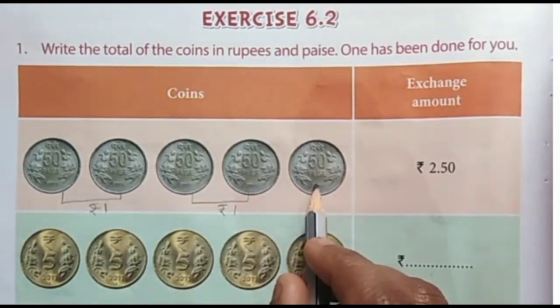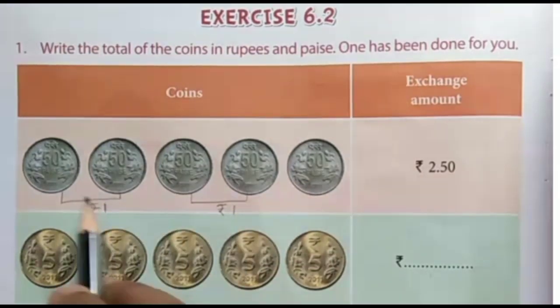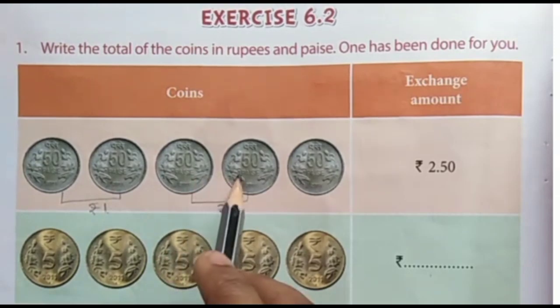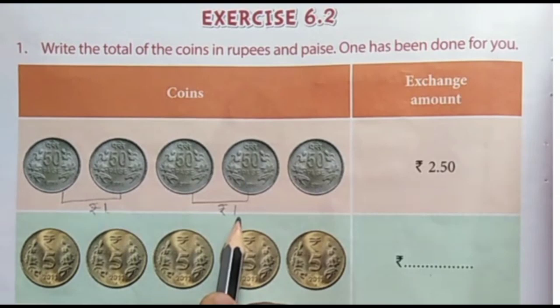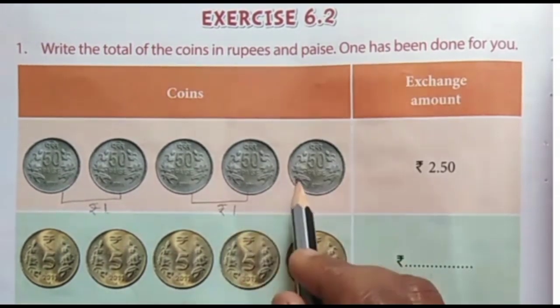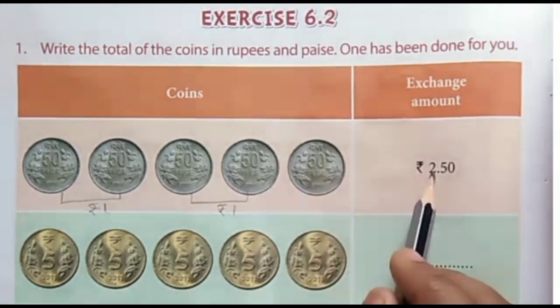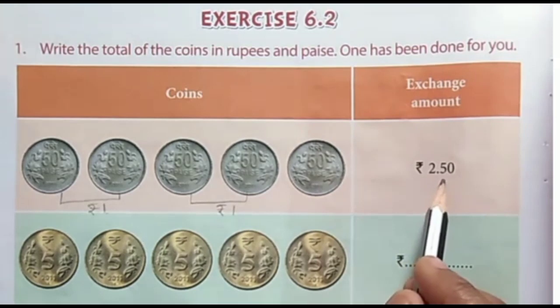Then remaining we have 1 50 paise. Now we can add the total amount. 2 50 paise make 1 rupee. So 1 plus, here also 2 50 paise make 1 rupee. Then 1 50 paise. Now we can add 1 plus 1. Yes, 2. Then adding 50 paise to the number 2, we get 2 rupees 50 paise.